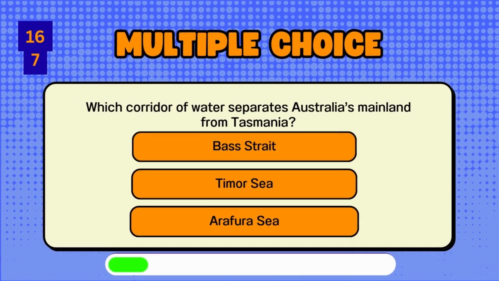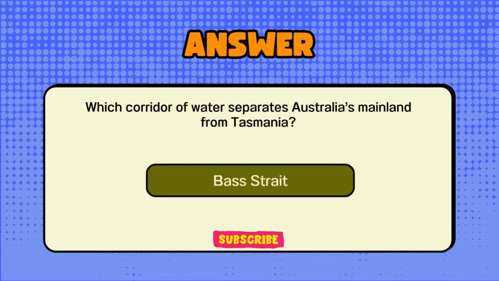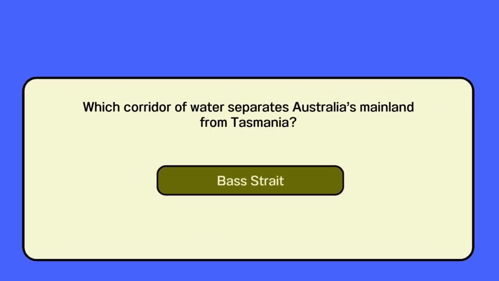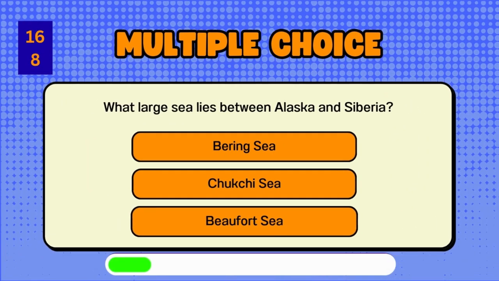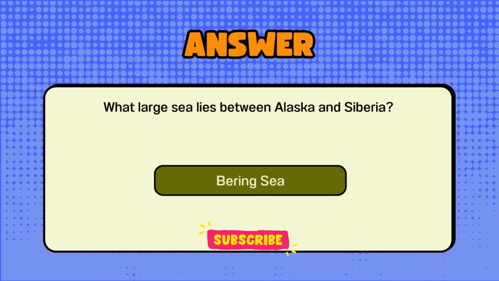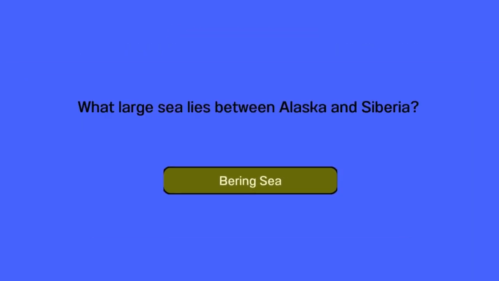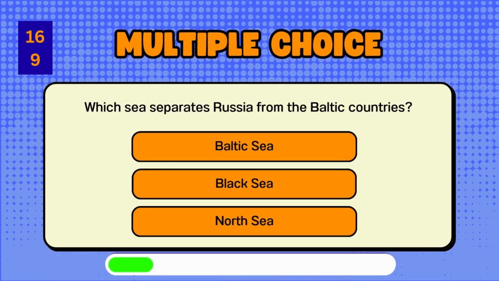Which corridor of water separates Australia's mainland from Tasmania? What large sea lies between Alaska and Siberia? Which sea separates Russia from the Baltic countries?